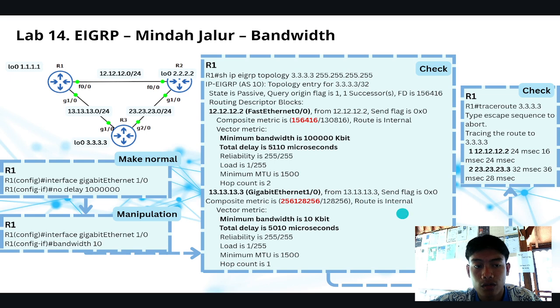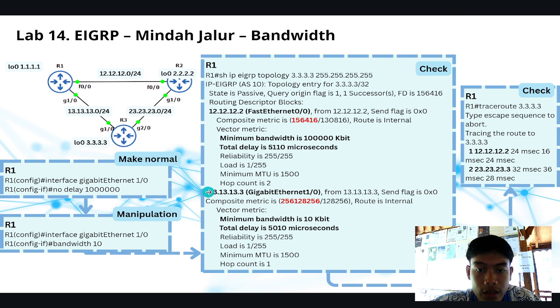Let's break it down. There are three routers: router 1, router 2, and router 3. The initial topology is the same as before. With the default metric, router 1 is also directly connected to router 3.